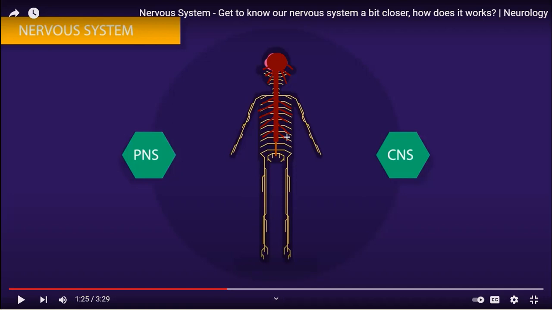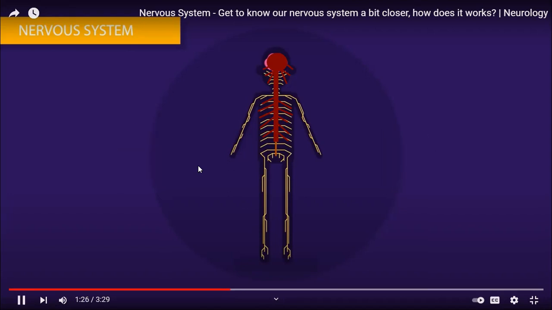CNS, the central nervous system, الجهاز العصبي المركزي. The CNS contains the brain and the spinal cord. And the PNS contains cranial nerves and spinal nerves, the nerves that come from the brain and from the spinal cord.